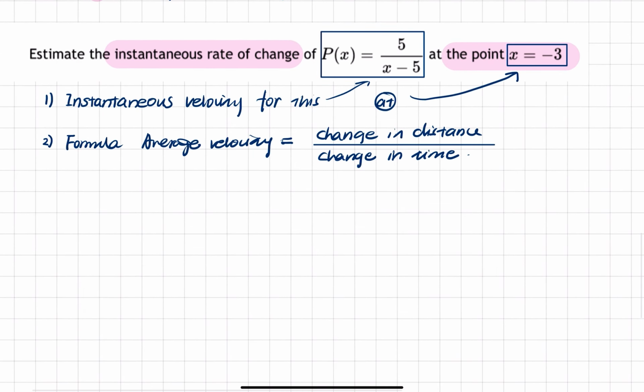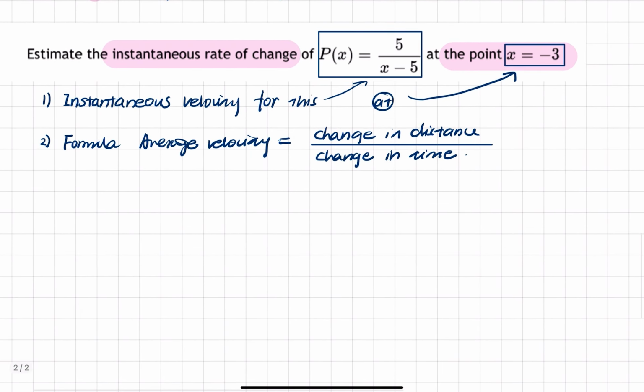So in this case, we could also seek the information of the distance we're going to be getting from the function p(x) equals 5 over x minus 5, where we're going to simply plug in our x values right here.